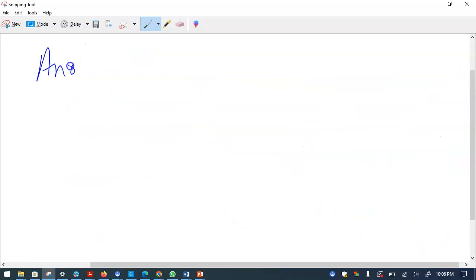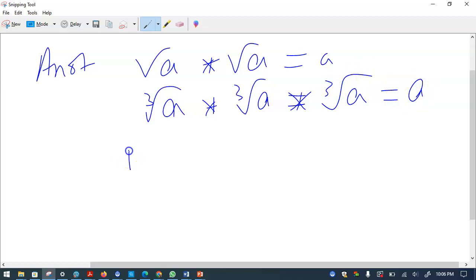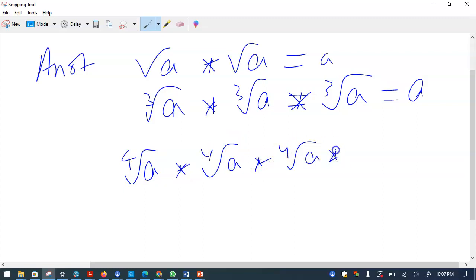Another conclusion is that the square root of a times the square root of a is a. That means the cube root of a times the cube root of a times the cube root of a, if you multiply 3 times, is also a. The fourth root of a multiplied four times is a.